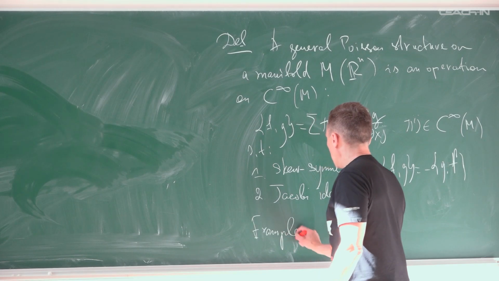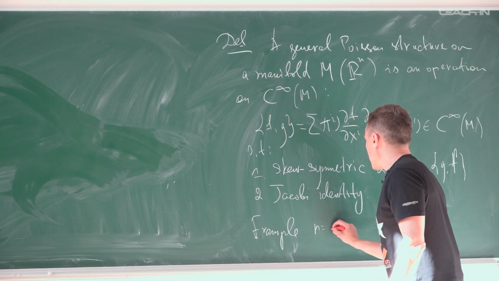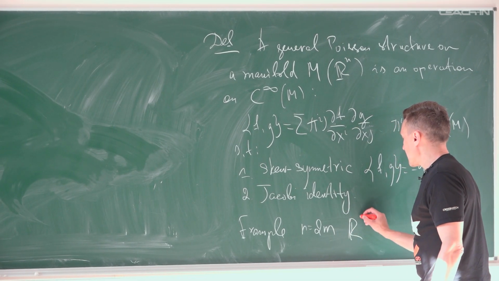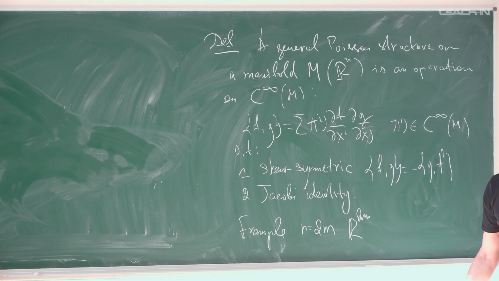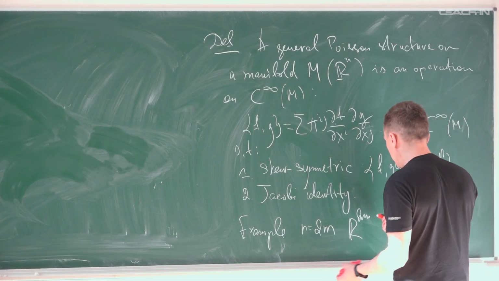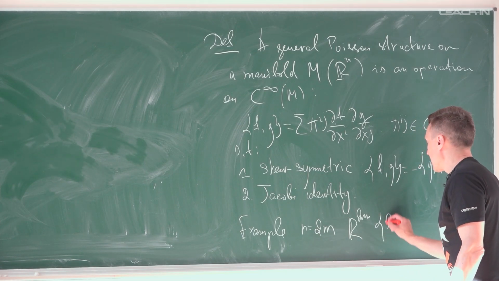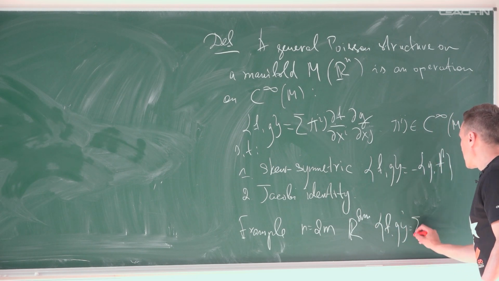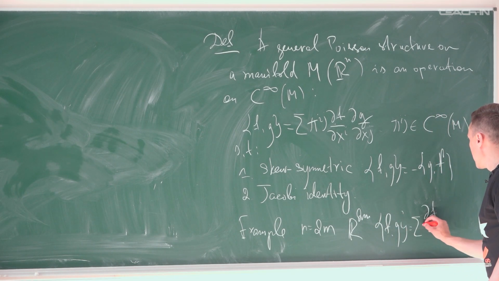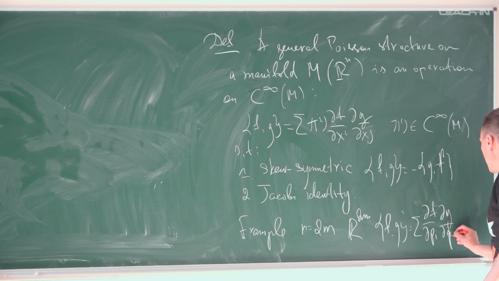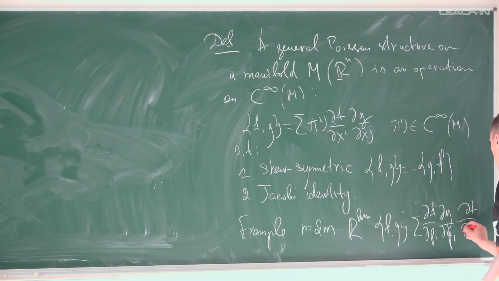Example. If n is equal to m, and we consider just this standard Poisson space, Poisson variety, and the standard Poisson bracket, which is the sum df dpi dg dqi minus df dqi dg dpi.